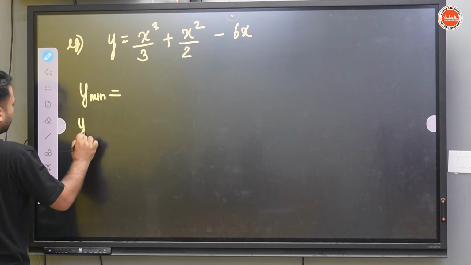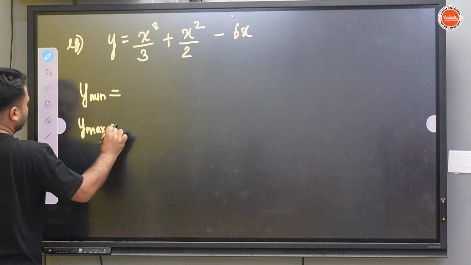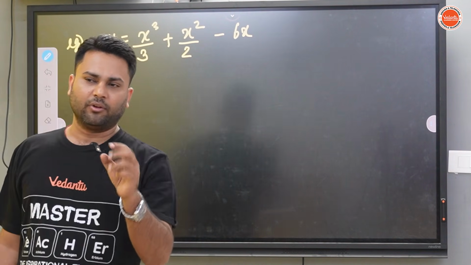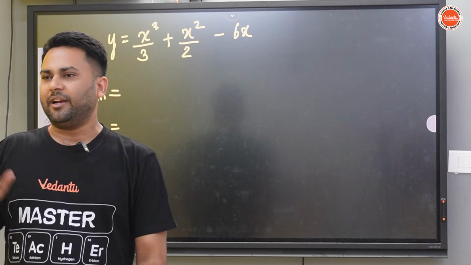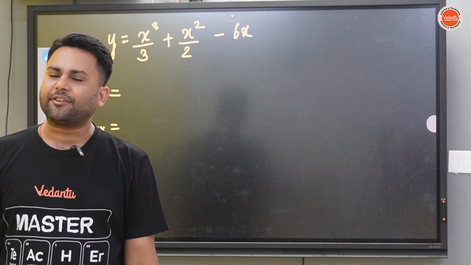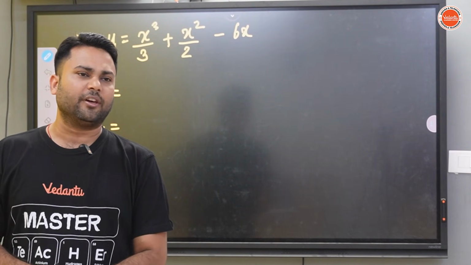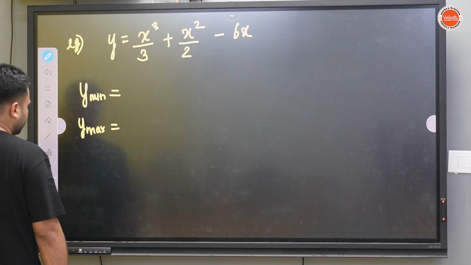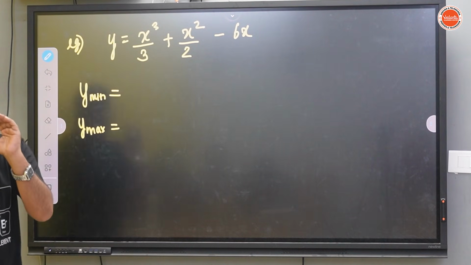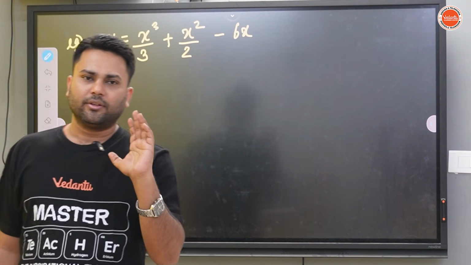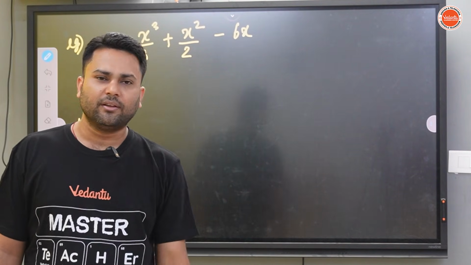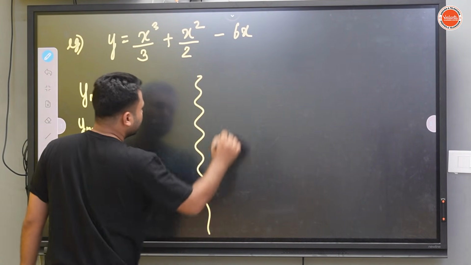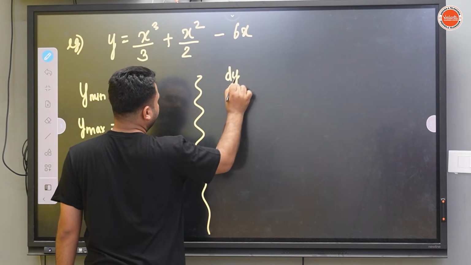Or they can ask differently also: at what value of x you will get y minimum, similarly at what value of x you will get y maximum. So how to solve? First of all, they are talking about minimum and maximum values, means our dy by dx has to be 0. So we will write dy by dx has to be 0.